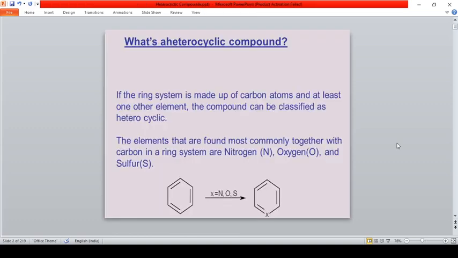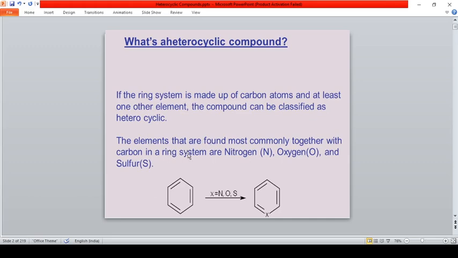heterocyclic compounds are those cyclic compounds which have at least one other element in their ring system other than carbon atoms. Or in other words, if the ring system is made up of carbon atoms and at least one other element is present, the compound can be classified as heterocyclic.